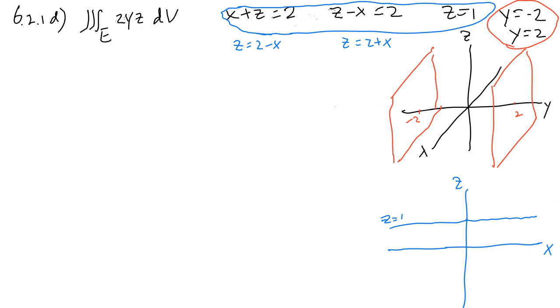So 2 minus x is going to go like this. And 2 plus x will go like this. Right? And we need the region bounded by these three things. So that's going to be this triangle over here.